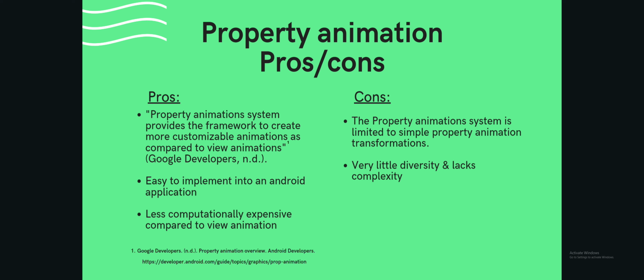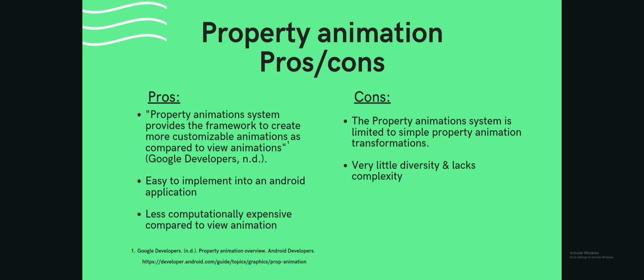Basically, from all of the discussion and research on property animations, we can observe that property animation is easy to implement and customizable, because it's just adding those property values. Because property animation doesn't require rendered frames, it can also be less computationally expensive, making it good for the development of older devices, but also useful for simple animations.